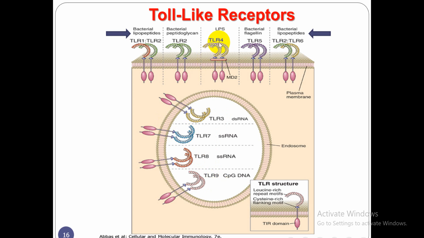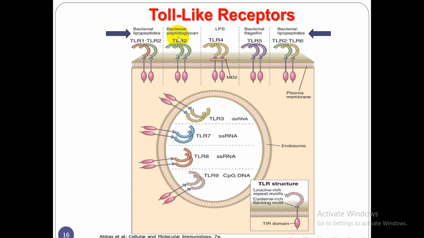Toll-like receptor 4 could form a homodimer structure and can recognize lipopolysaccharide, which is a characteristic of gram-negative bacteria. Toll-like receptor 5 can recognize bacterial flagellin. Flagellin is a component of the bacteria, and toll-like receptor 2 homodimers can recognize bacterial peptidoglycans.